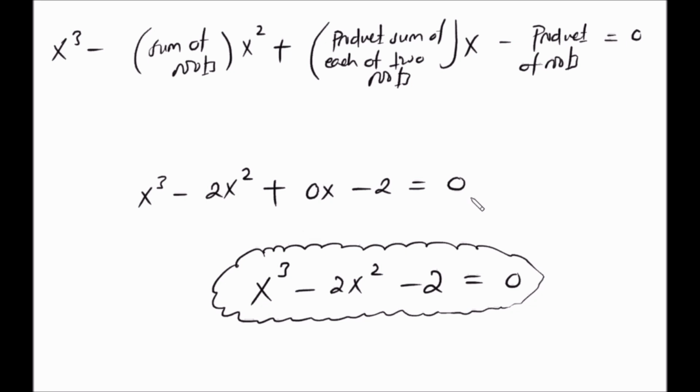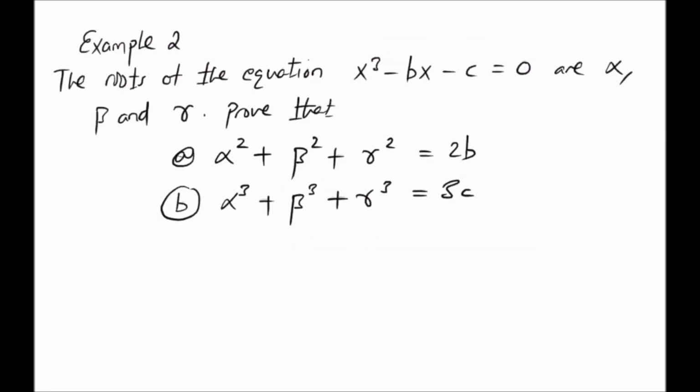Let's now see example 2. So example 2 hii hapa. Anasema the roots of the equation x cubed minus bx minus c equals to 0 are alpha, beta, and gamma. Prove that alpha square plus beta square plus gamma square equals to 2b. So equation yetu ni x cube minus bx minus c sawa na 0.